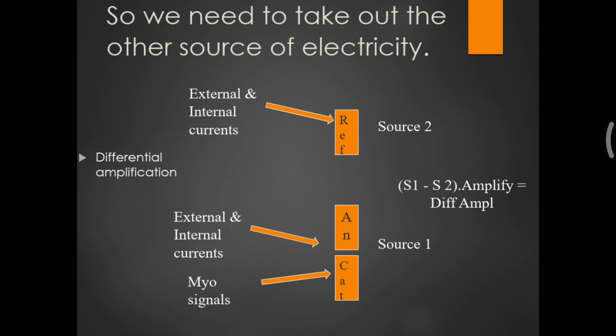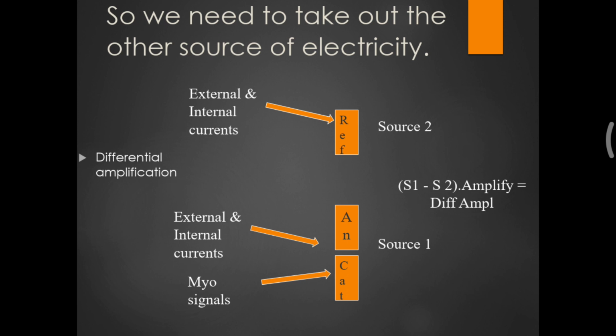But we should understand that since the recording electrodes, that's anode and cathode, are within the tissue, the signals from the muscle will be very high near those electrodes. So all three electrodes will have all sources of current, but in the anode and cathode you will have the electrical activity generated by the muscle which will be very high.